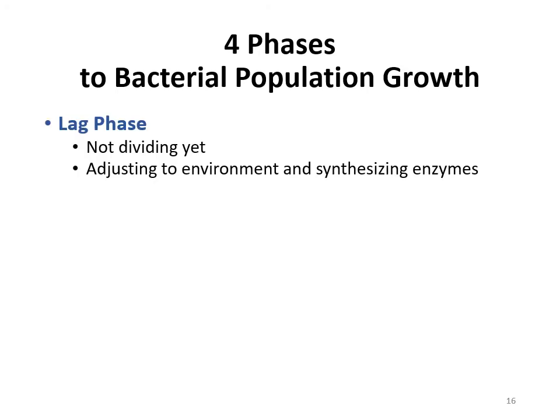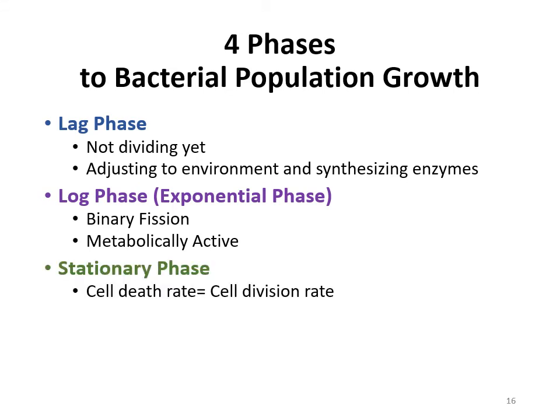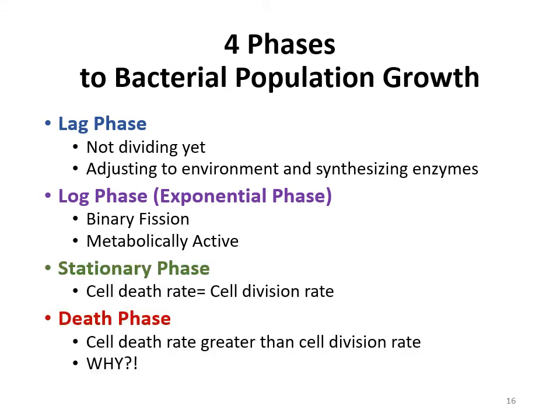So the 4 phases are the lag phase, the log phase, stationary phase, and the death phase. And the way that you can visualize them is on the next slide, and I'll put the next slide on the screen, but I will explain what we have on this slide as we're looking at the next slide, okay?